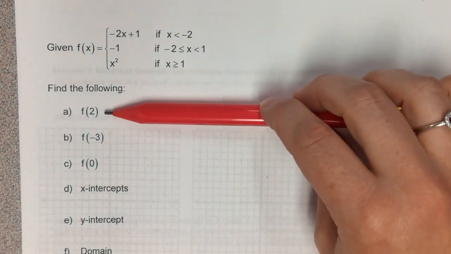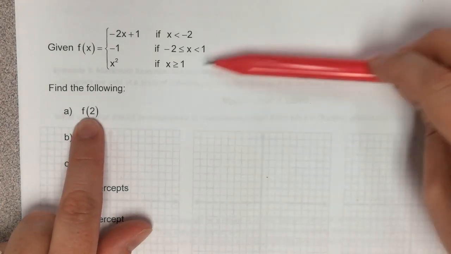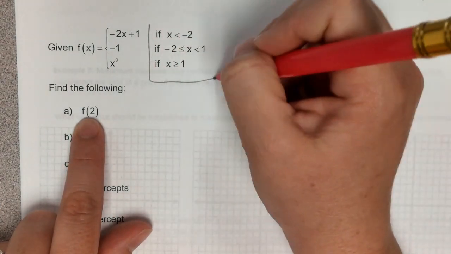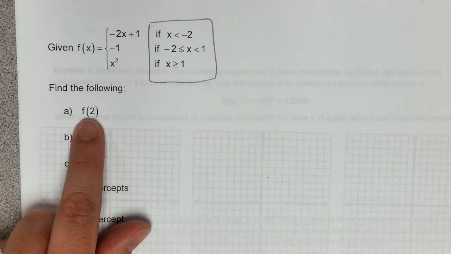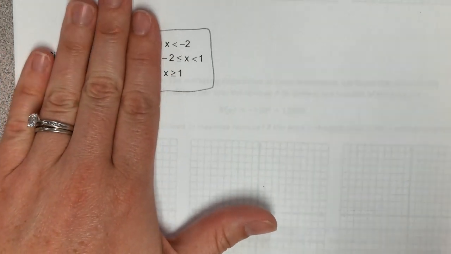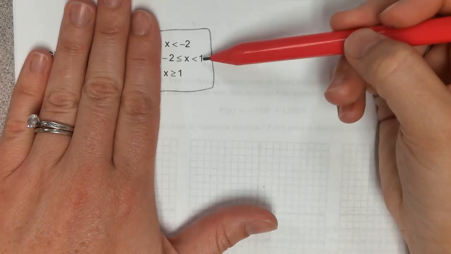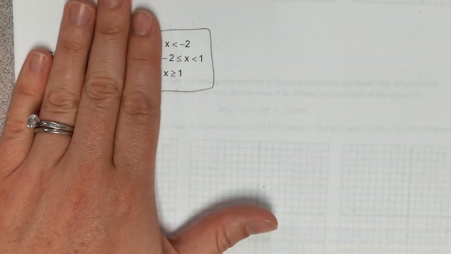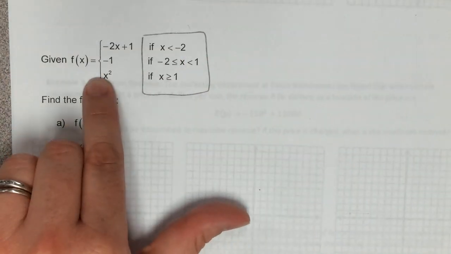So if I want to find f of 2, I have to pick which piece that x is defined for. Does that make sense? Okay, so 2, where does 2 fall? Is 2 less than -2, between -2 and 1, or greater than 1? Okay, great, we're going to use this piece.